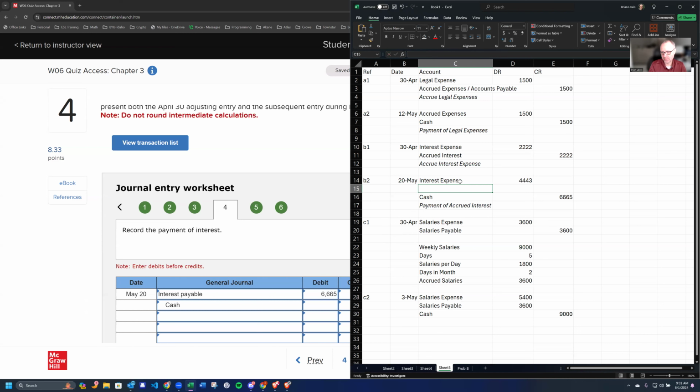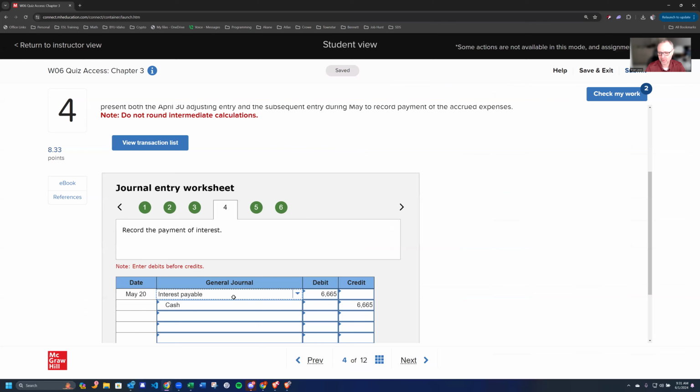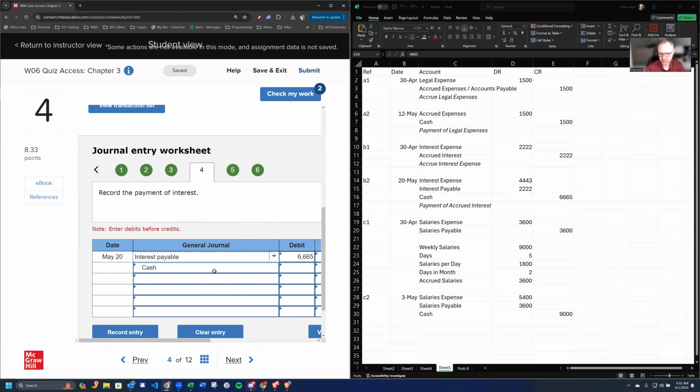And we have the interest payable for the difference plus 6665 minus 4443. And then we should have cash for the full amount. Let's see if that works. Oops, let's make this over here. There we go. So let's redo this.